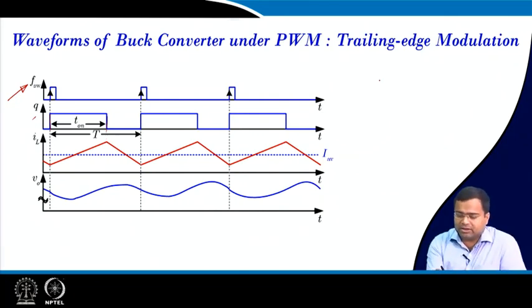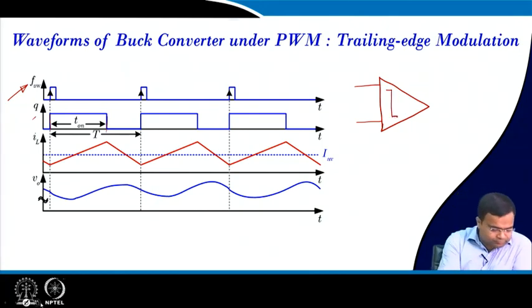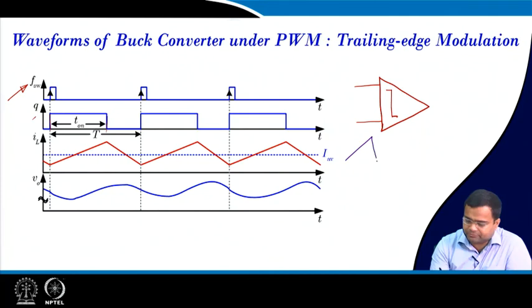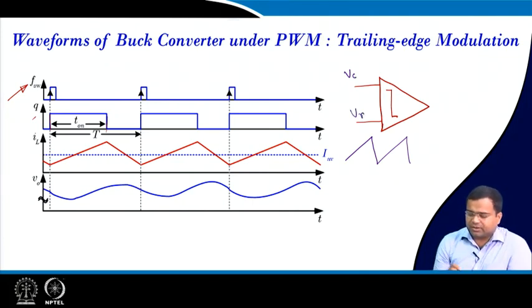One way you can very easily generate it is to consider a comparator with two inputs. If you take a sawtooth waveform like this as one input and a control voltage Vc as the other, this is a ramp signal and the control voltage can be a number.